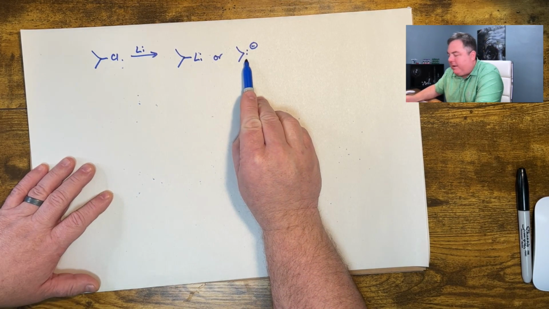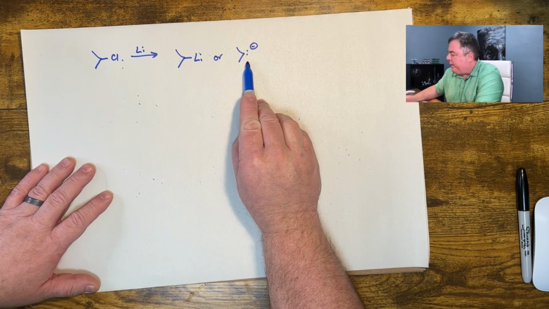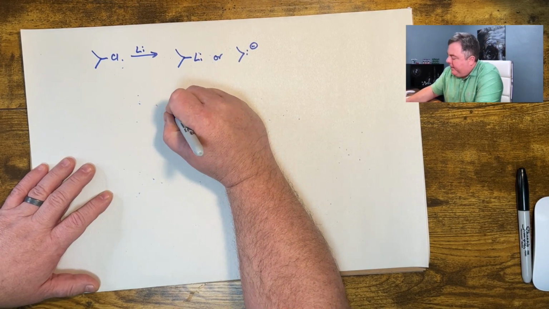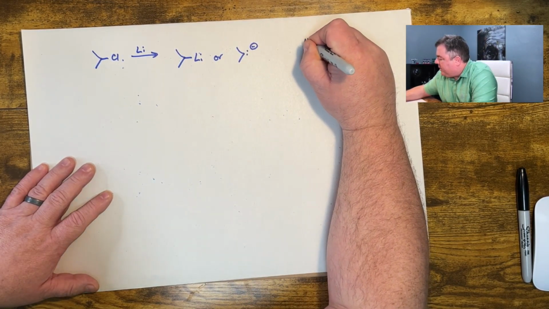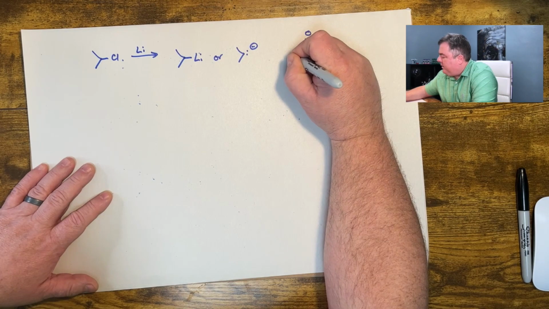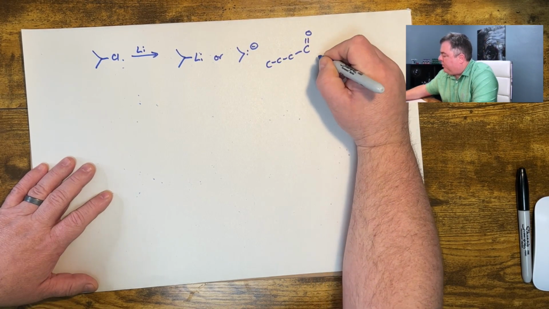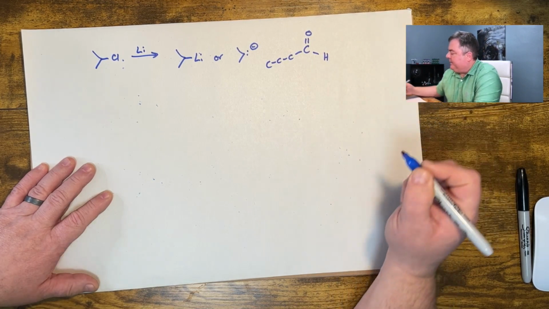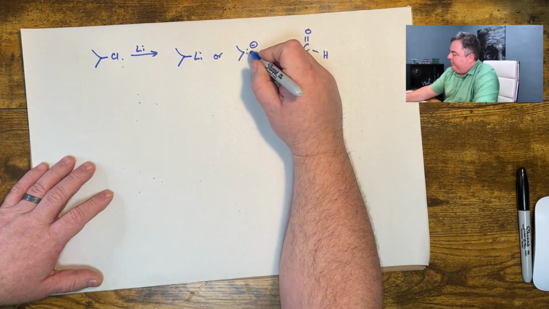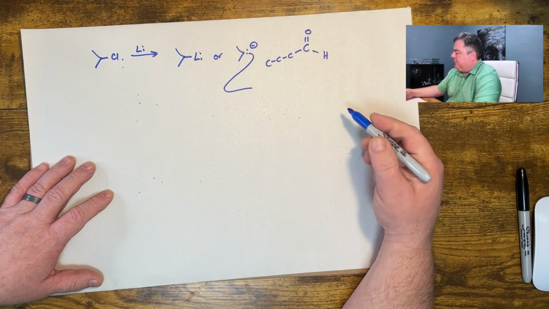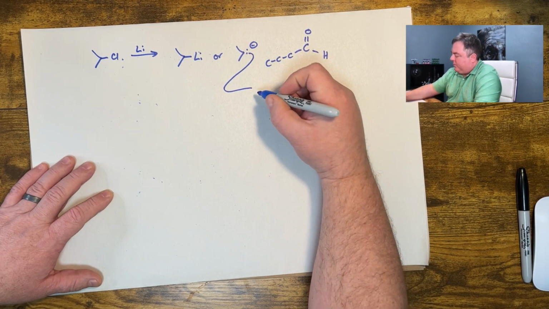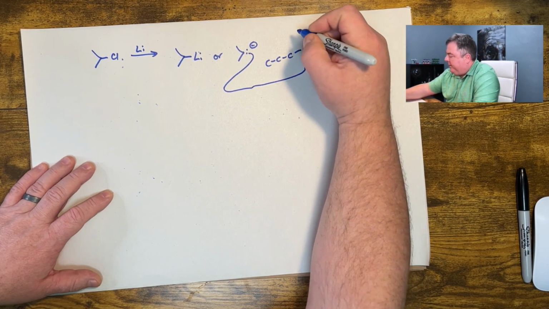So I'm thinking of that as a lone pair of electrons ready to go attack something. And let's pick a carbonyl with a propyl on this side and a hydrogen on this side. So this negative carbon goes hunting. And where does it attack? Well, it attacks the backside of my carbonyl.